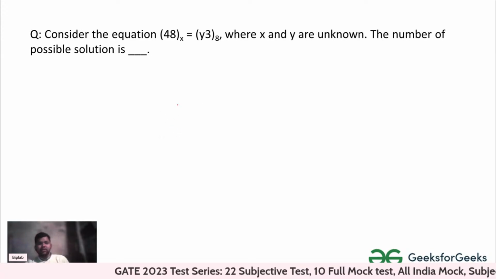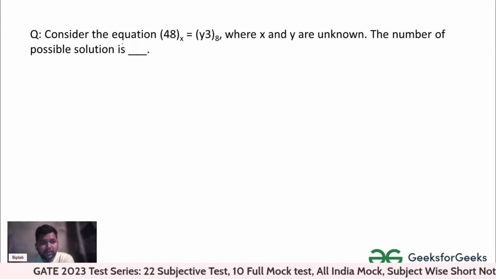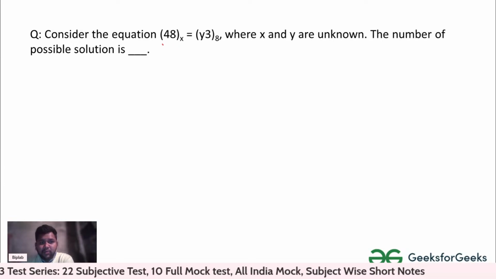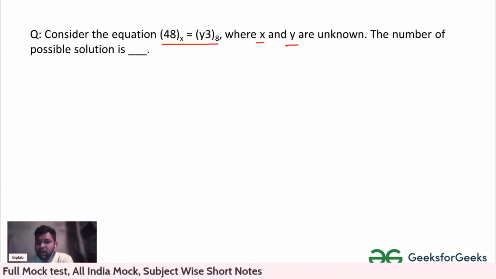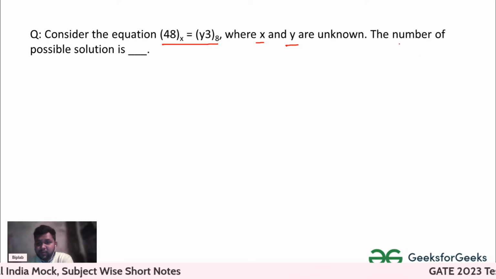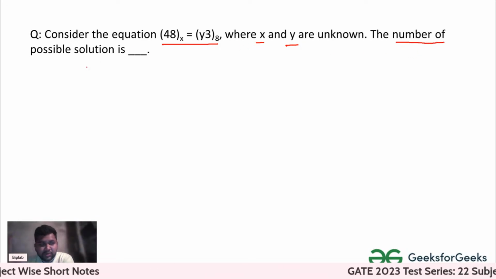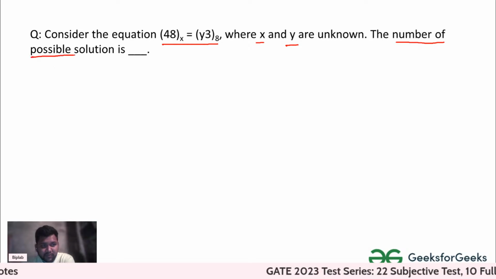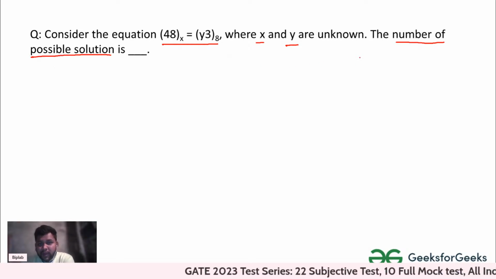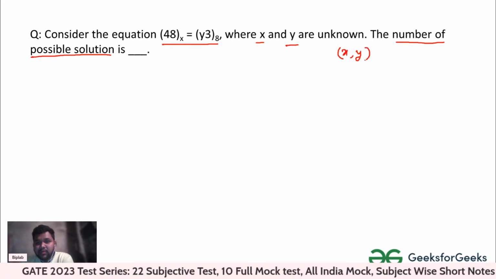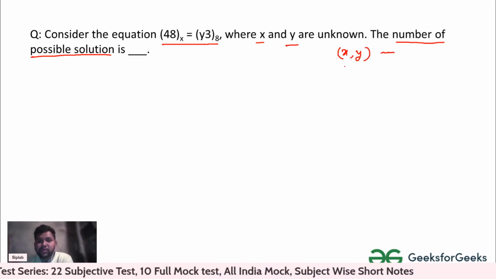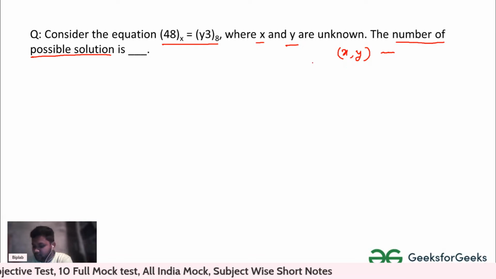So this is another question, where you have an equation in which x and y are unknown, and you have to find the number of possible solutions. Now look at the question. This is again something different. You have to find the number of possible solutions of x and y.